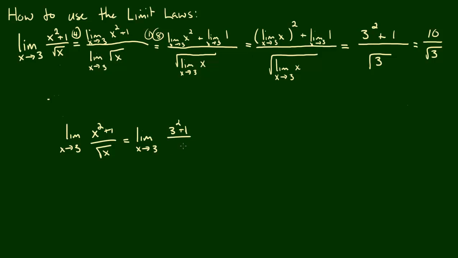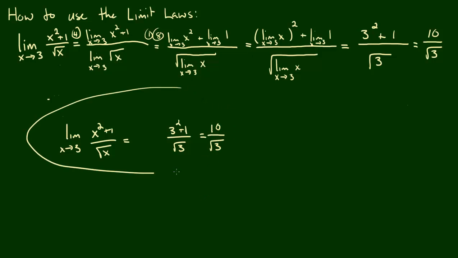On the bottom, we're going to get square root of 3. Just a second, we do not need this limit here. There we go. So apologies. So when you put the 3 in, the limit goes away, and you get 3 squared plus 1 on the top, square root of 3 on the bottom, and that's just going to be 10 all over square root of 3. And this is what we ended up with.